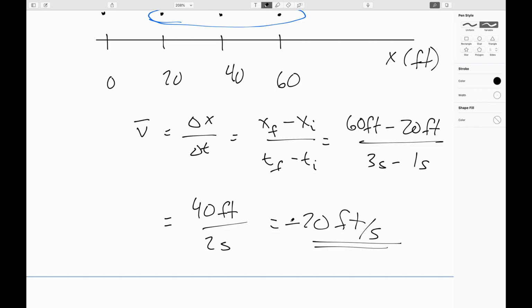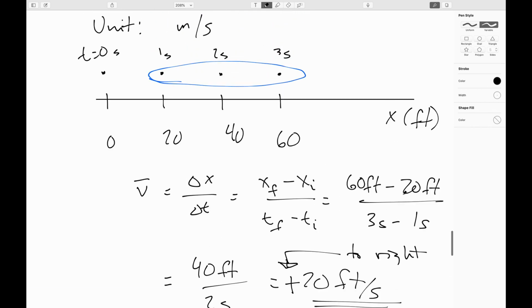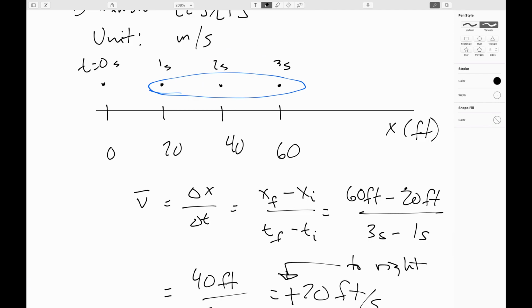Now, since this is a vector, the sign means something. The plus sign here means that it was moving to the right. So if we draw in our average velocity vector, it's going to look something like this. We'll say V average is 20 feet per second to the right.